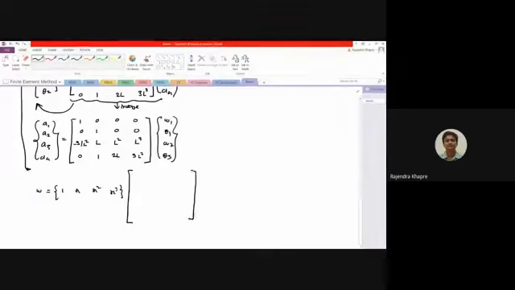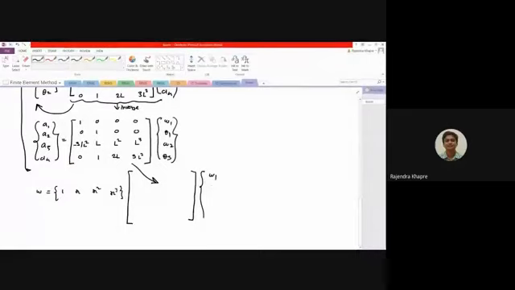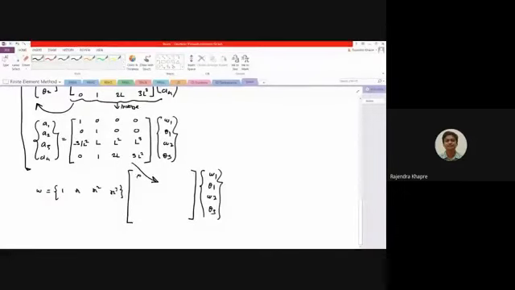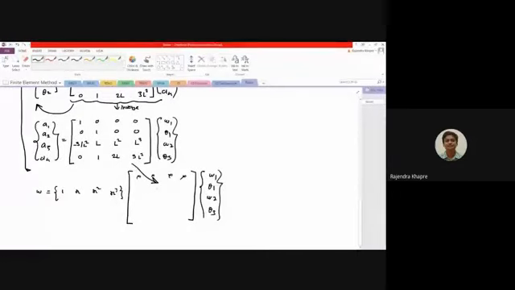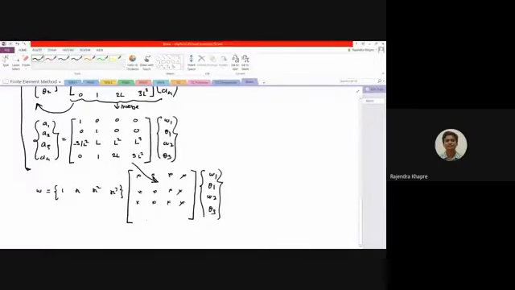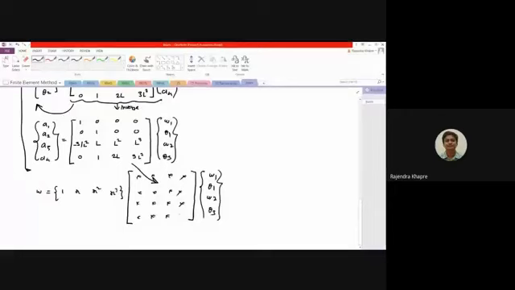This entire portion will remain as it is, and this will now be w1, theta 1, w2, and theta 2. I'm just writing down a cross symbol over here. The values will remain the same as the matrix over here.